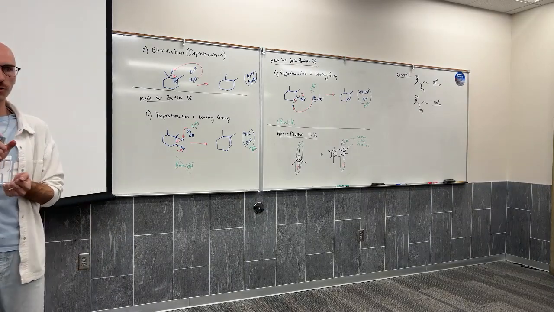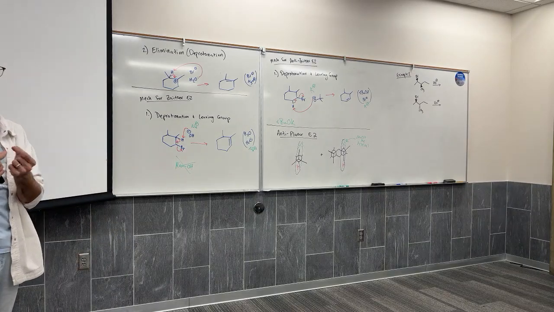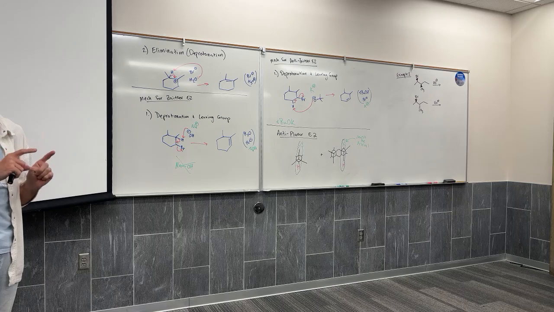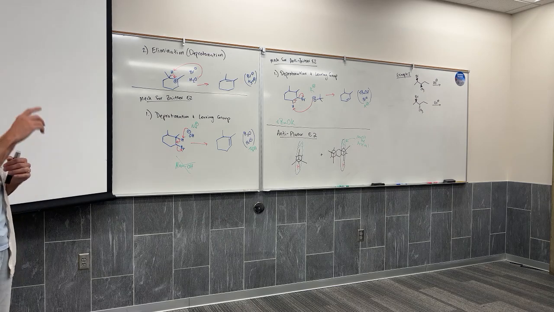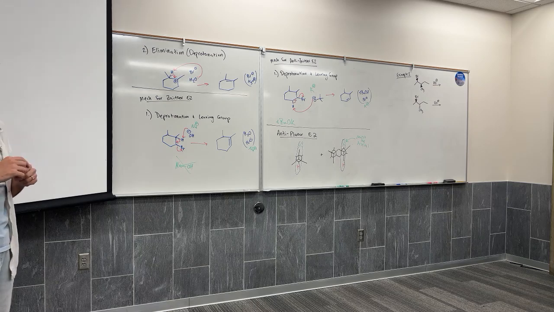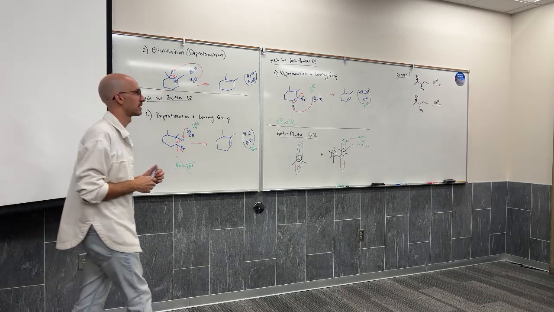Because E2 is stereospecific, the products that form are stereoselective. An E/Z isomer is formed in these two products. Only one can be formed selectively.